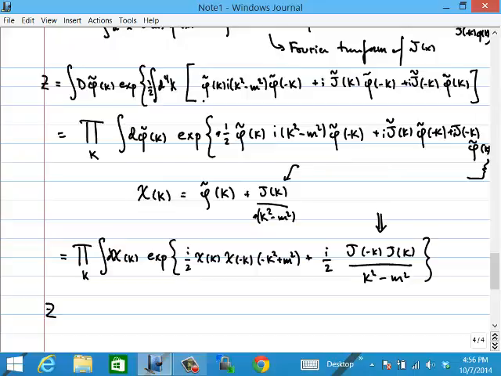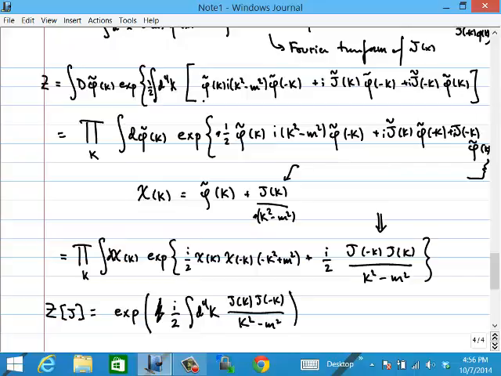And so the generating function Z is just going to be the exponential of i over 2 times the integral d4k, j of k, j of minus k, over k squared minus m squared, times the integral over all those chi's.